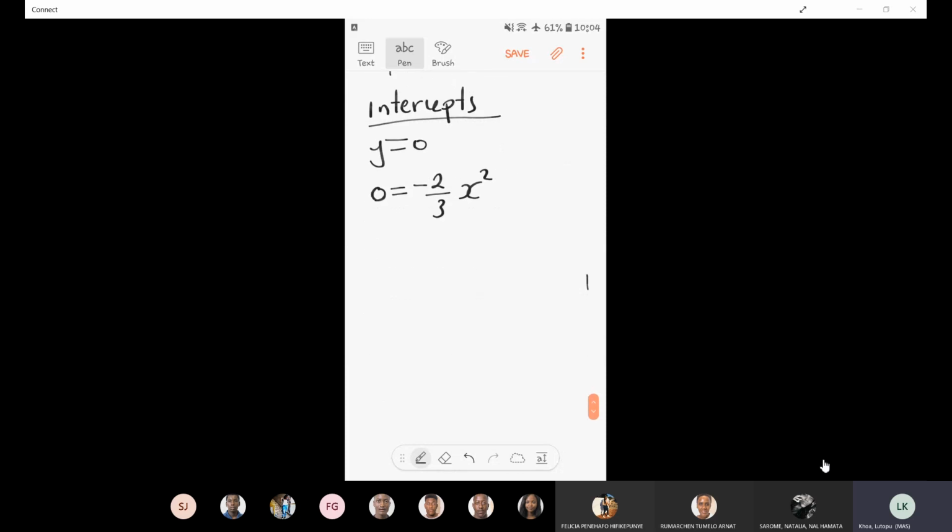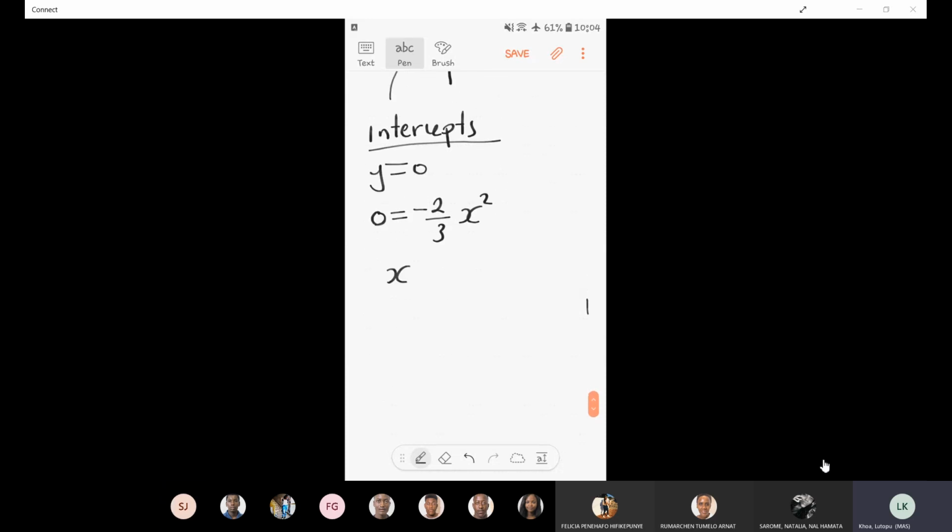And this just means that x is equal to 0. And then when x is equal to 0, then obviously y is equal to 0. So the x-intercept and the y-intercept are the same, so it has only one x-intercept.